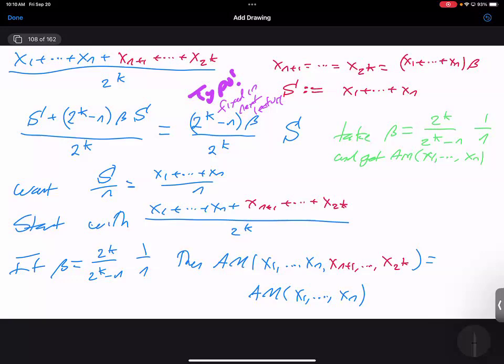I understand that. Yes. What confused me was then when we come down, we say that, like, okay, if beta is now 1 over n, then we're saying that all of those xn plus 1 through x2 to the k, they just become the arithmetic mean of x1 through xn.